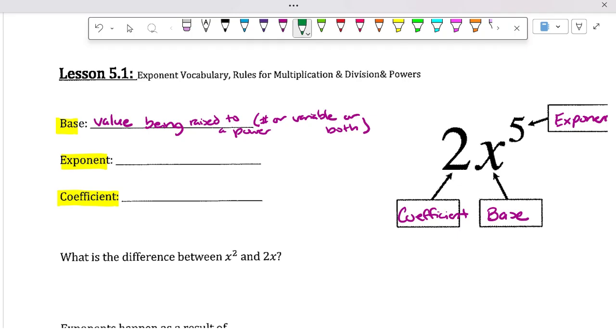The exponent is whatever the power is, or the number that the base is raised to.